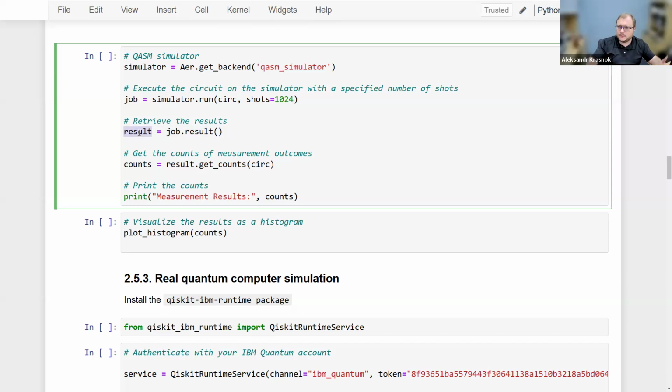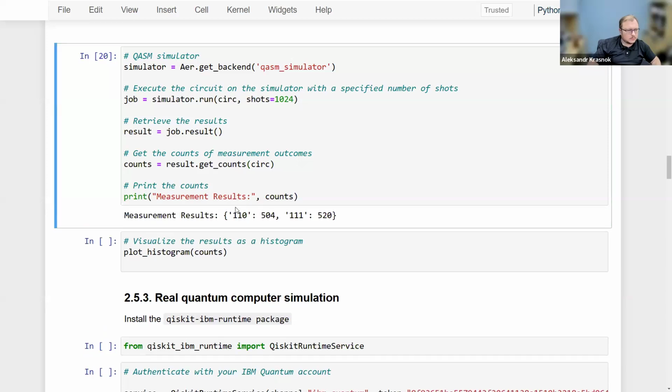Then there are different ways to represent your result, right? Histogram, Bloch sphere, Q sphere, maybe some circuit diagrams, vectors, and so on and so forth. So we extract counts, and for counts we plot. Before that, here we return only the number of counts.